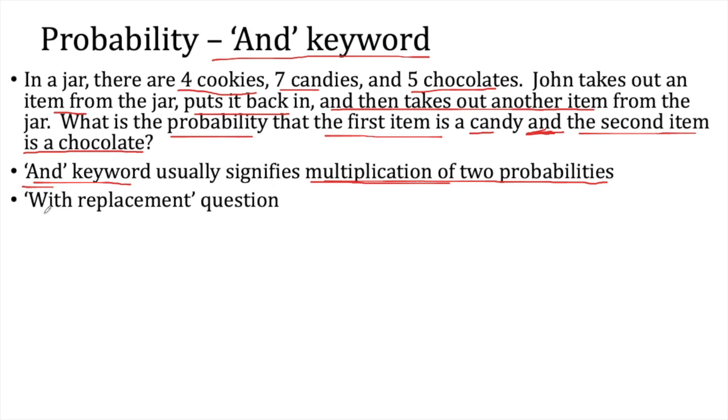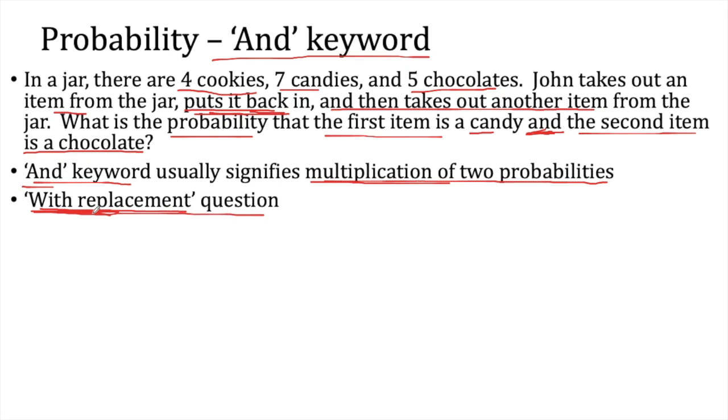And this question deals with something called with replacement. As you can see, John has taken out an item and put it back in the jar. This ensures that our sample space does not change throughout the entire course of the problem. That happens when you have a with replacement question, and these are quite common questions in probability.